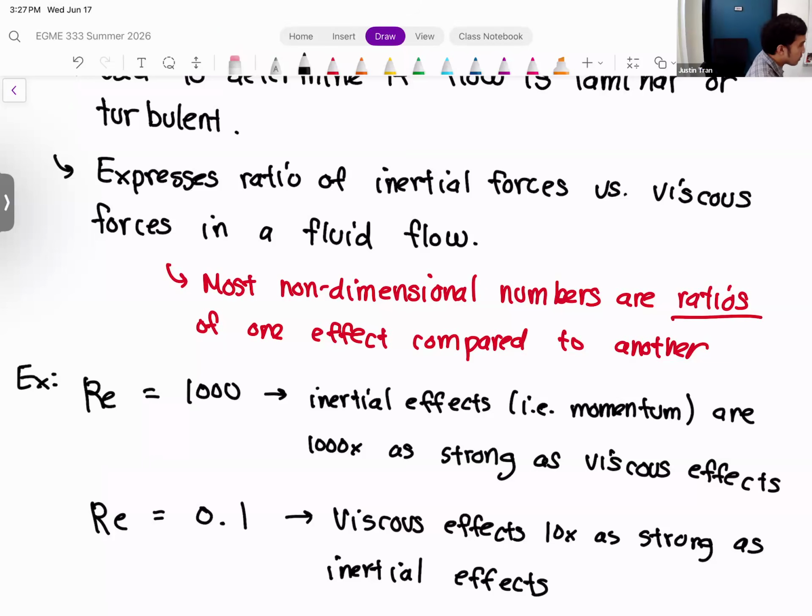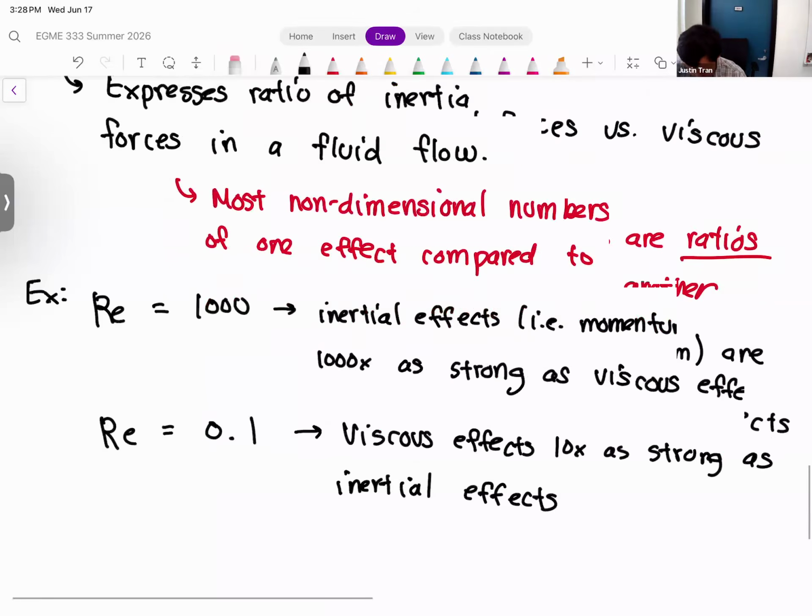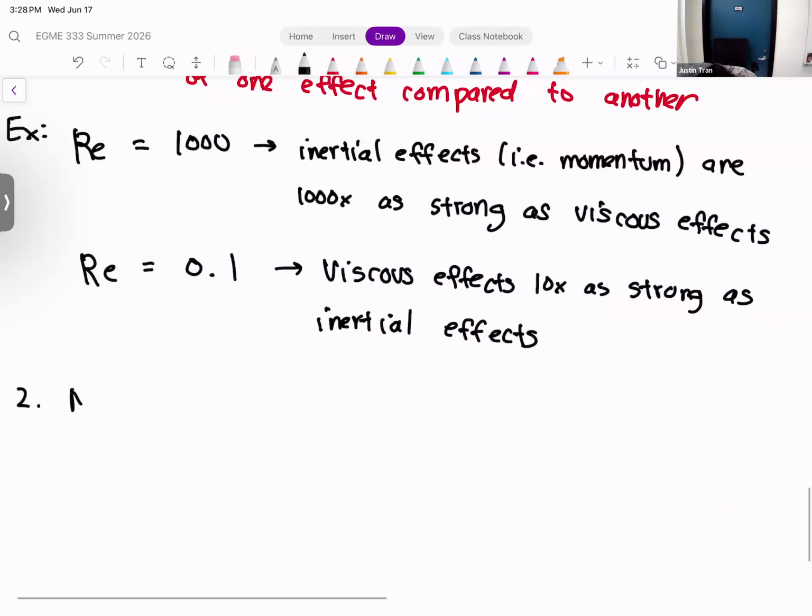Okay. All right. So the other non-dimensional number you'll see, and you've probably heard this more in movies and things like that than in science, is the Mach number.